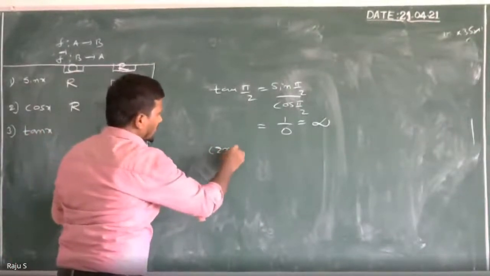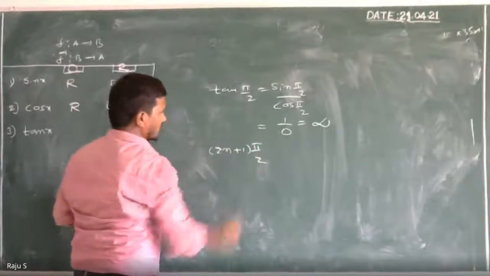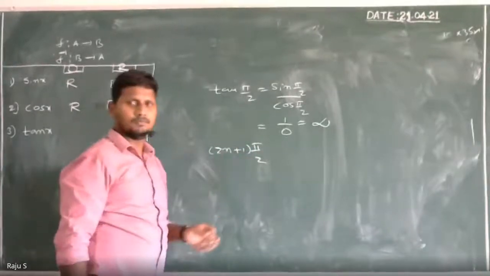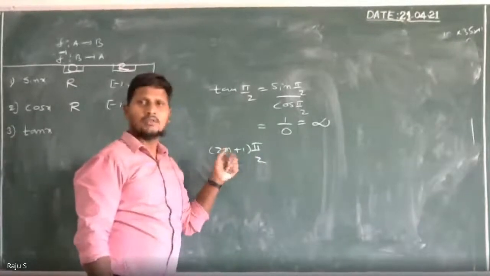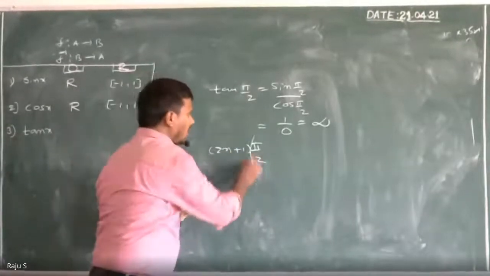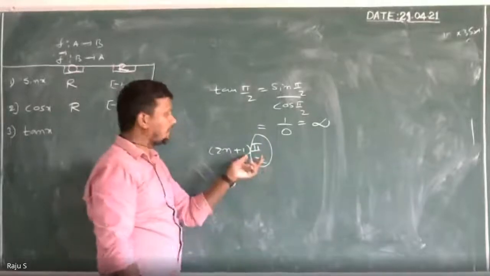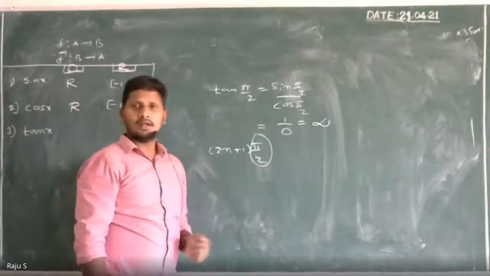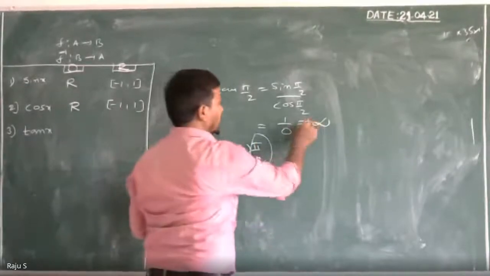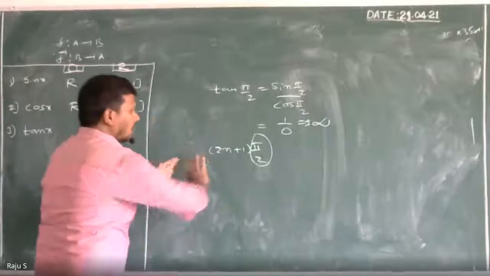So other than 90, how can you write this generally? If I write (2n plus 1) pi by 2: n equal to 0 gives pi by 2, that is 90. n equal to 1 gives 3 pi by 2. n equal to 2 gives 5 pi by 2. Anyhow, pi by 2 will be there. Whenever pi by 2 is there, it is clearly plus or minus infinity, undefined. So I want to remove this.